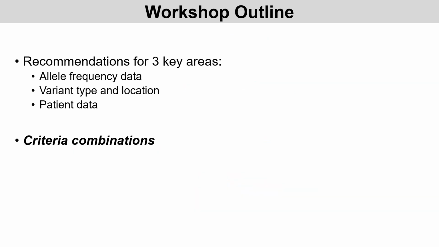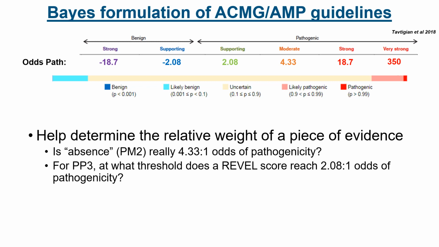All right, so lastly, I wanted to get into a bit of what we've been working on now with regards to how to combine different criteria to reach a classification. In 2018, Sean Tavtigian from the SVI working group published this approach of using more of a Bayesian approach to the ACMG guidelines.